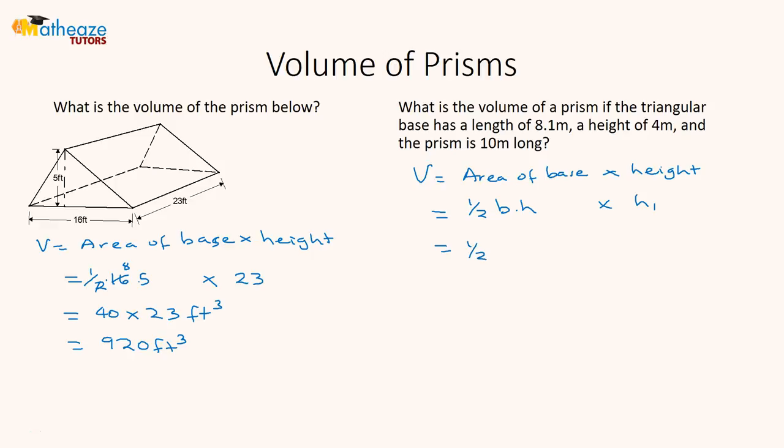So 1/2 times the base 8.1, the height is 4, and the prism is 10 meters long. So let's divide 4 and 2. So this is going to give us 16.2 times 10 cubic feet, which is 162 cubic feet.